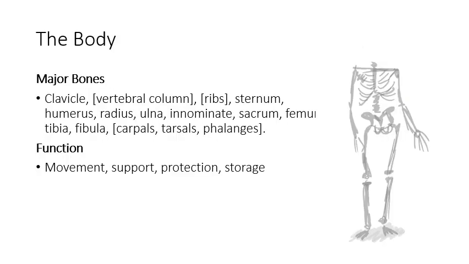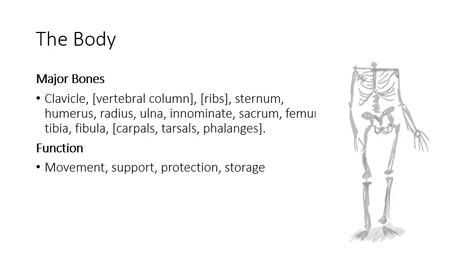Okay, so moving on to the body, away from the skull being part of the axial skeleton. Here we do have part of the axial skeleton and also the appendicular skeleton. The major bones that we're going to be concerned with that I need you to remember include the clavicle, the vertebral column, the ribs, and I'm not going to make you identify every rib, the first rib, the last rib, the floating ribs, just that we have ribs.